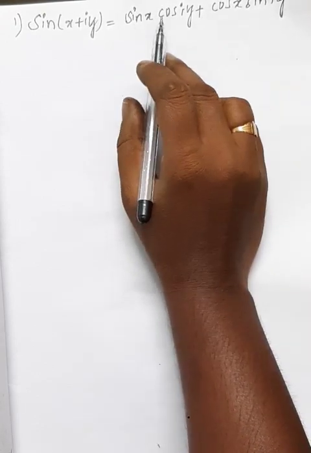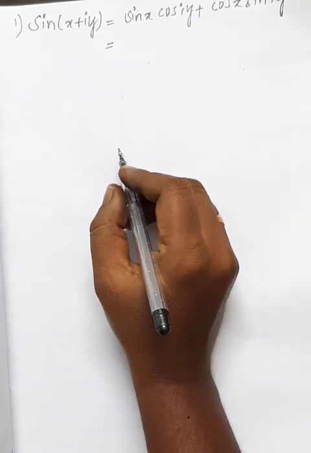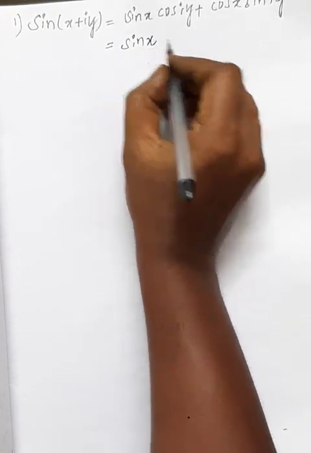Therefore sin a cos b plus cos a sin b can also be written as sin x cos iy.